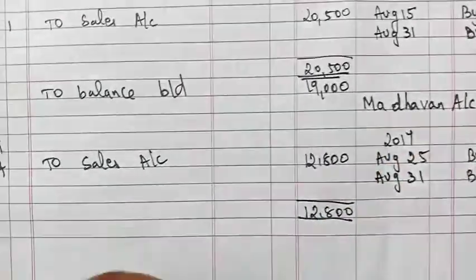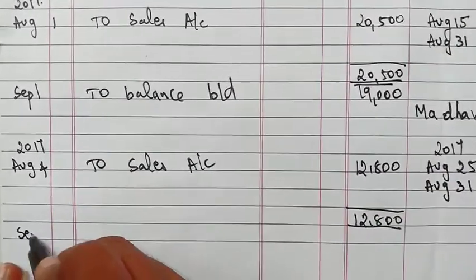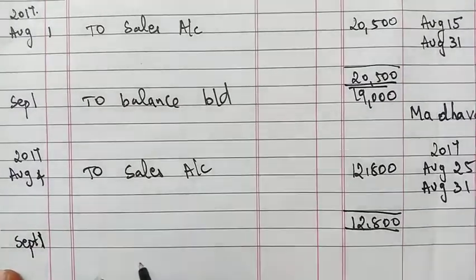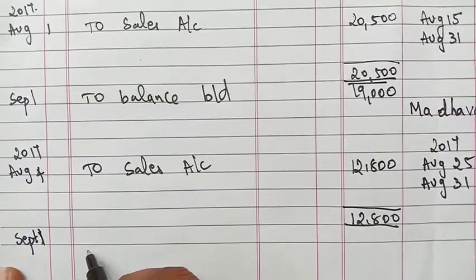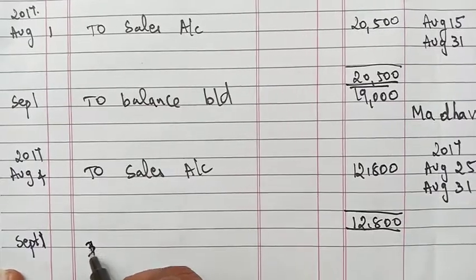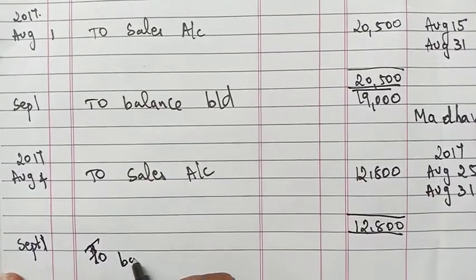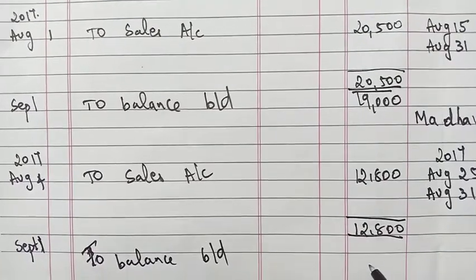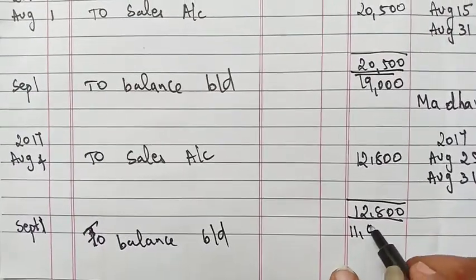The same thing, you have to transfer to this side. Next month, September 1, we'll write to balance brought down. The amount is 11,000.